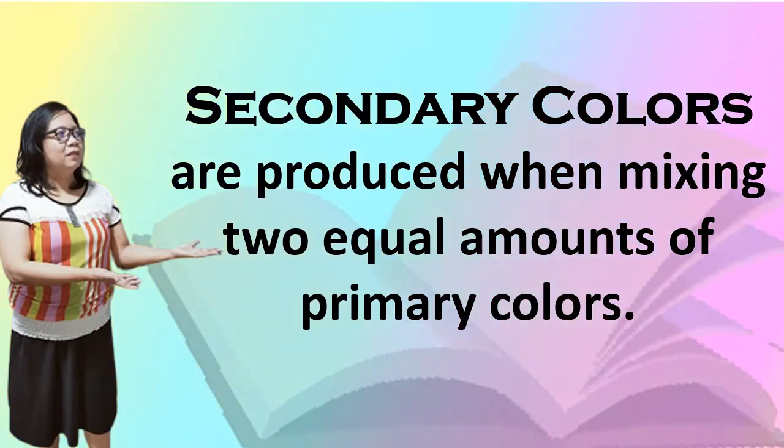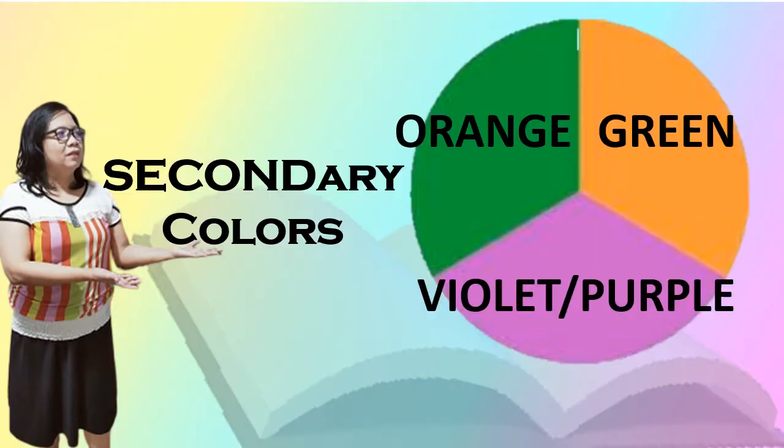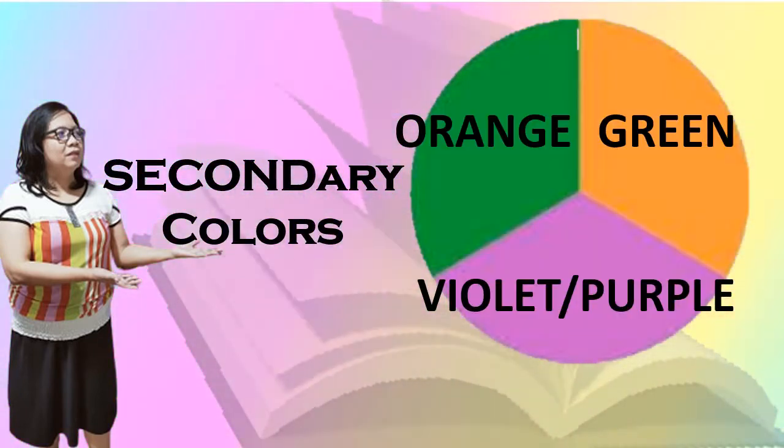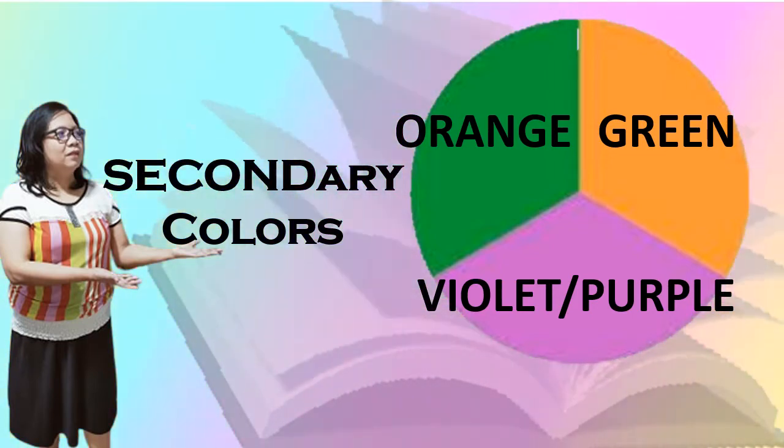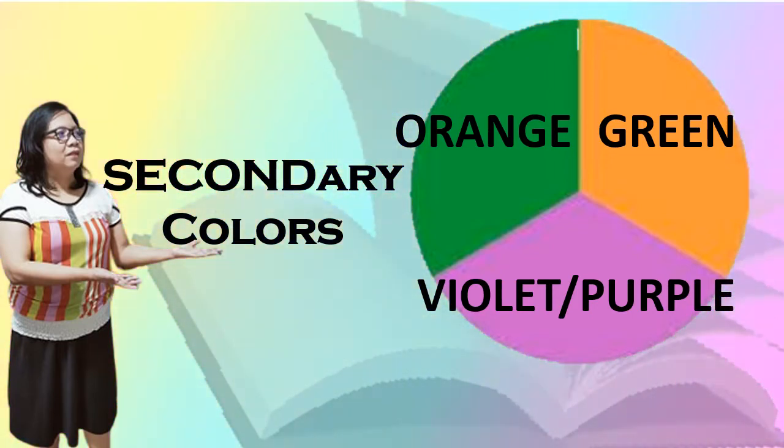Secondary colors are produced when mixing two equal amounts of primary colors. The secondary colors: orange, green, and violet or purple.